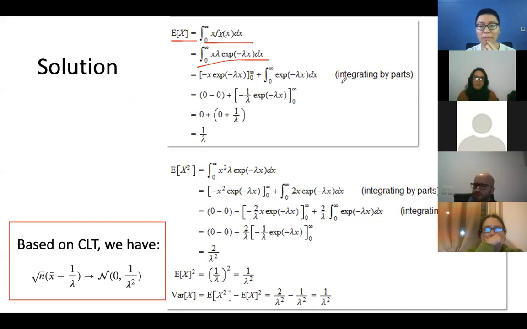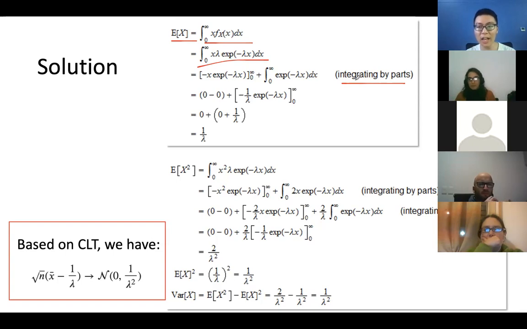And here is a little bit tricky because not everyone remembers how to calculate the integration. I really suggest you open your calculus books and see how to integrate by parts, because this is very useful for both your exam and exercises.